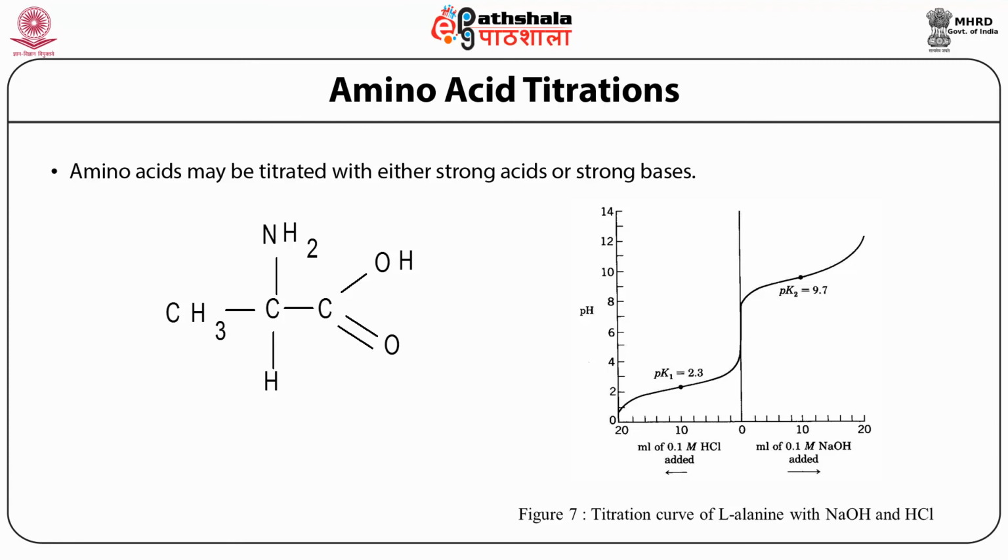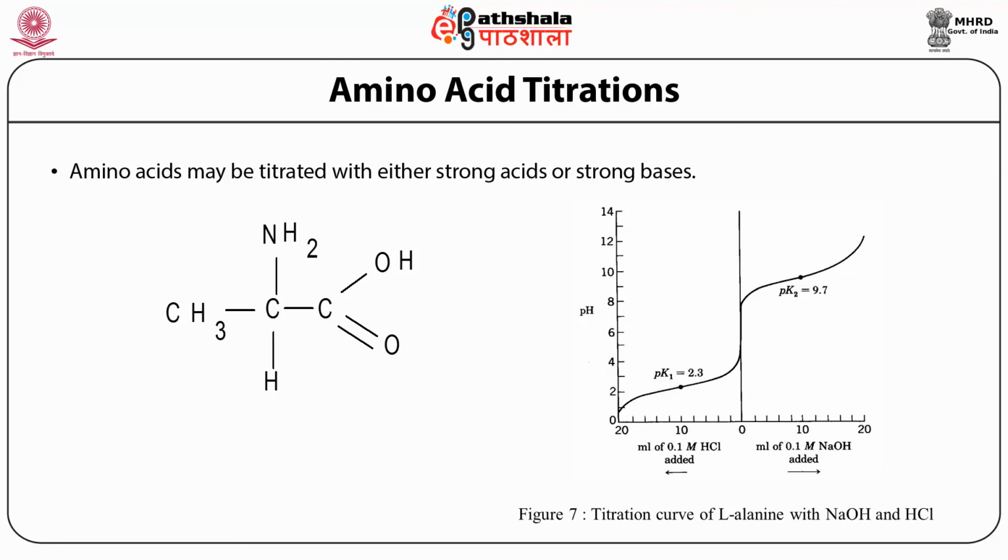As you can see here, with the two curves we can find out how titration is taking place, and why two reagents are required, because we could do it with one reagent. Sodium hydroxide is a strong base, so it will titrate the OH group present there, which is a weak acid group, and HCl, a strong acid, will titrate the weak base, which is the NH2, and it will remove one of the protons present there and give a pK2 value.